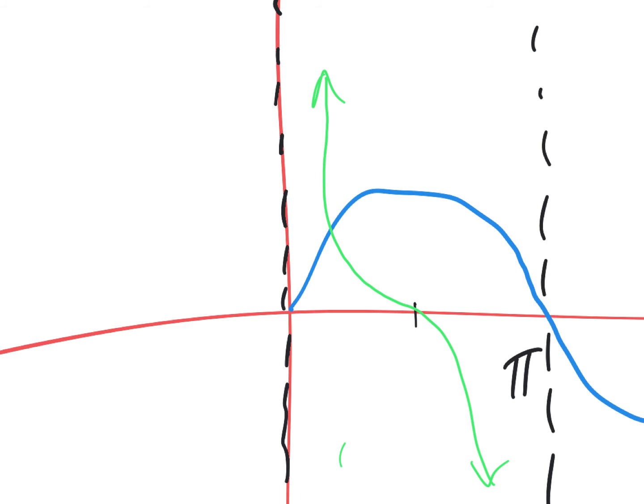Now remember, the blue graph was just there to tell me where to put the asymptotes, because I was doing cosine over sine, and so I was graphing sine just for a minute so that I could know where to put the asymptotes. That's how you can do it too, in case you forget. Dang it, I can't remember, is that pi over 2 or is that pi? A really common mistake, because in tangent, the asymptote's at pi over 2. In cotangent, it's at pi.